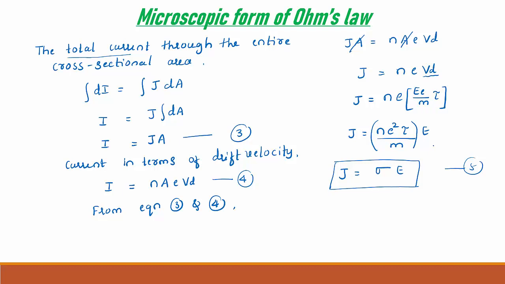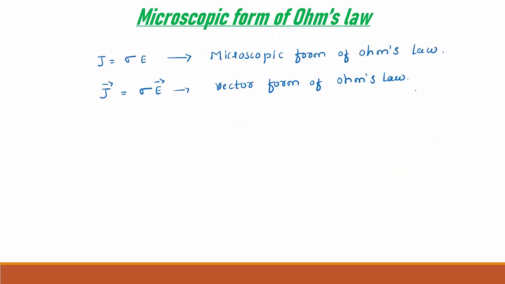This equation 5 is called the microscopic form of Ohm's law, which gives the relation between current density, conductivity and electric field. Or we can write it in vector form, vector J equals sigma into vector E.